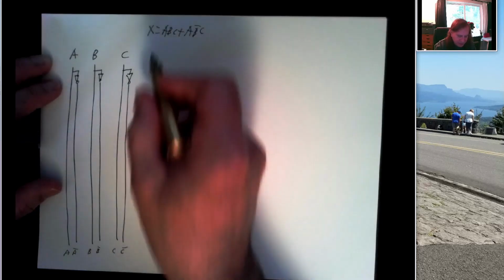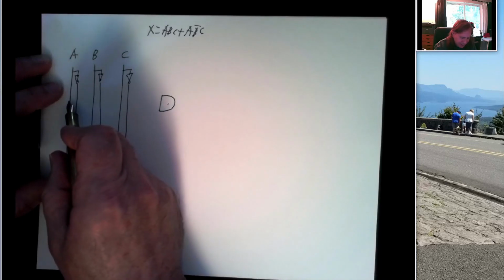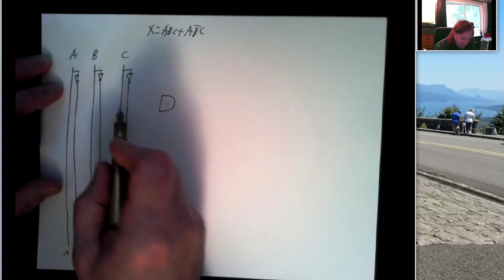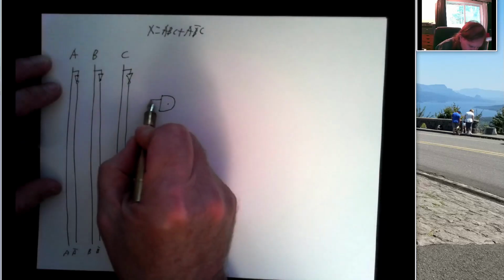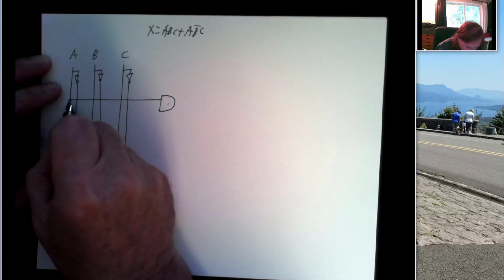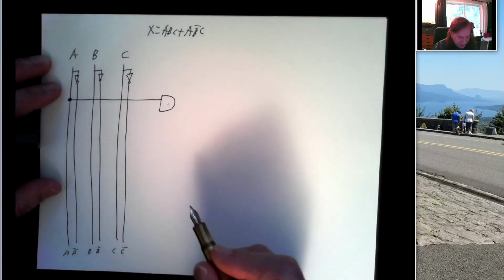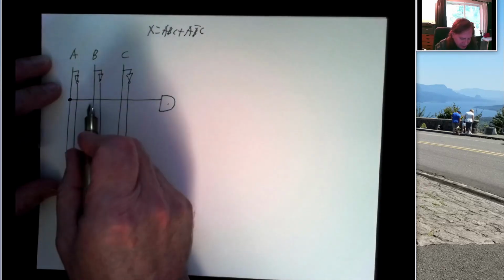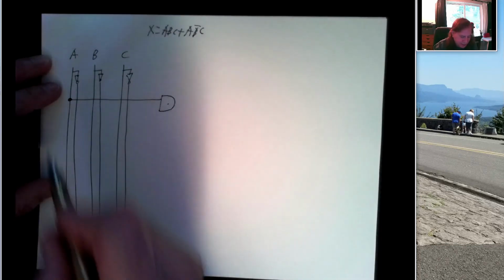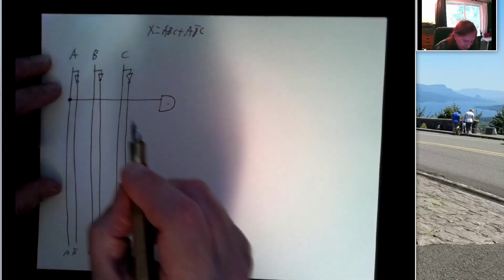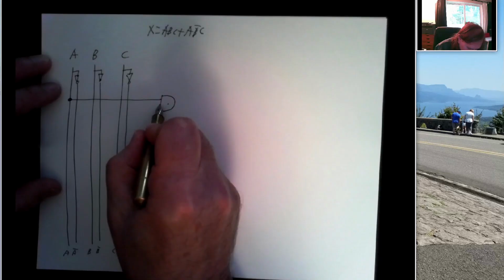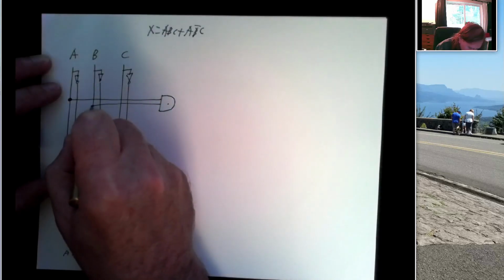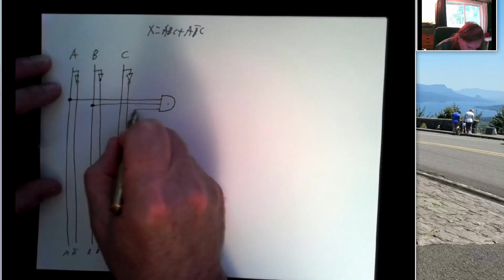And I want the inputs to be A, B, and C. Well, I've got A right here, B right here, C right here. So I'm just going to draw a line over to A and put a dot there showing there's a connection, because there's no connection between this line and B. It's just crossing over that. But the dot says, yeah, there's a connection right there. I want a second input to be B. I want a third input to be C.